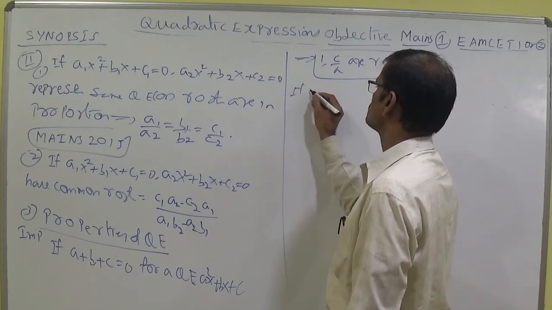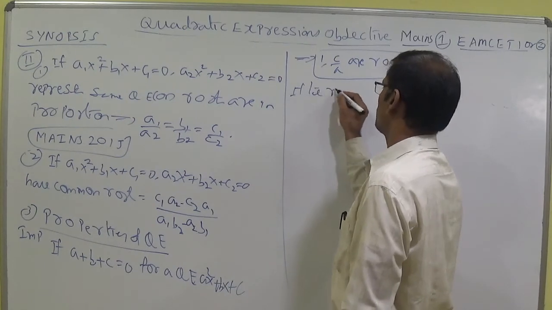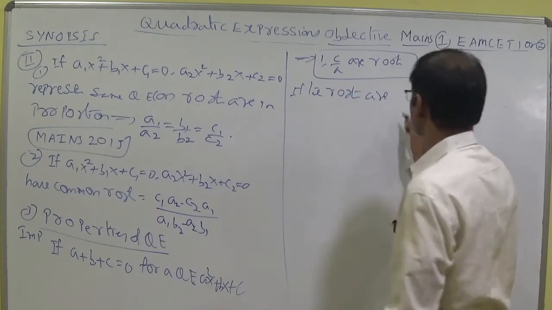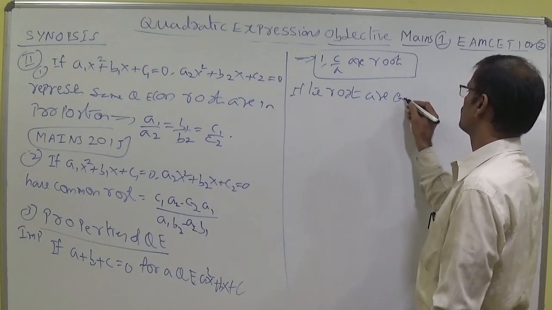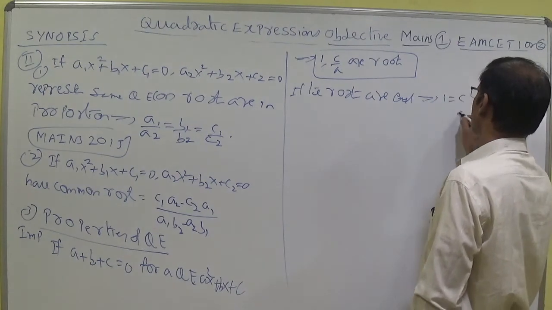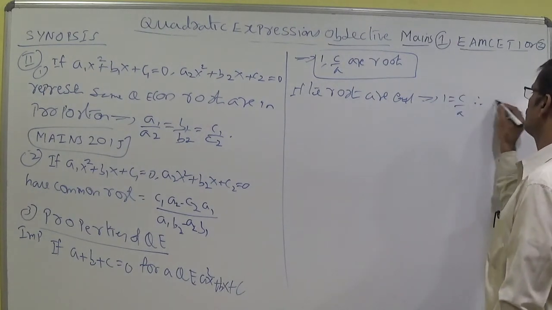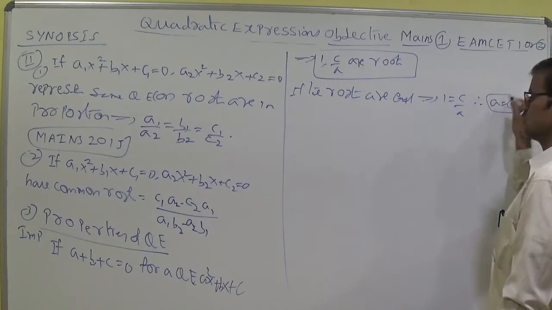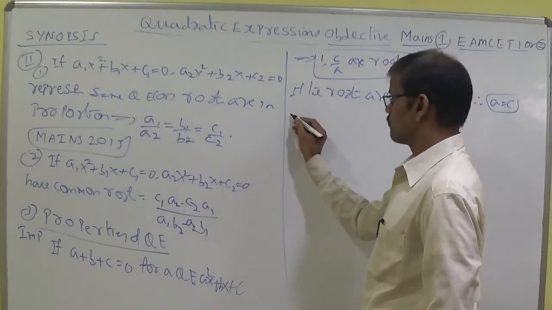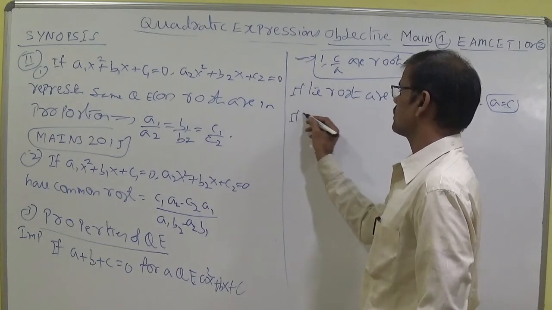If the roots are equal, among them another condition, that implies we can write 1 equal to c by a, or a is equal to c. So what is a is equal to c? Another condition depends upon this one.